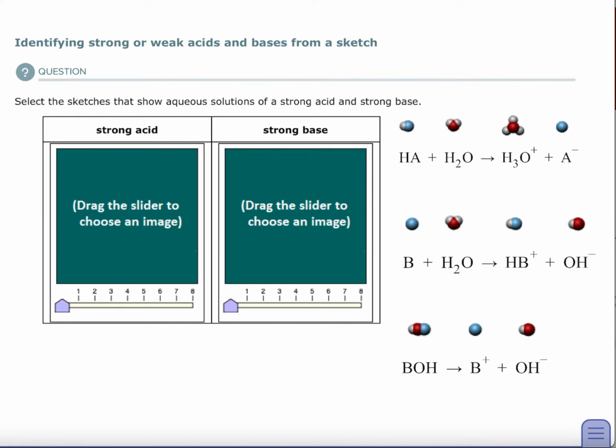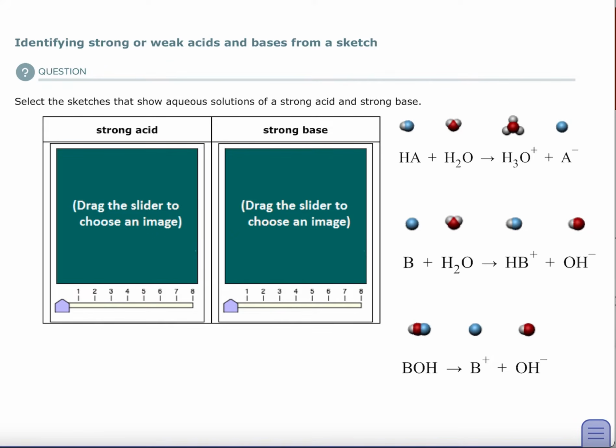Bases are basically the same. All the strong bases are the first and second group hydroxides. The bottom picture here is the strong base. The strong base will completely dissociate into the B+, which is the conjugate acid of whatever B is, that blue dot, and then a hydroxide. So a strong base will have nothing left over.